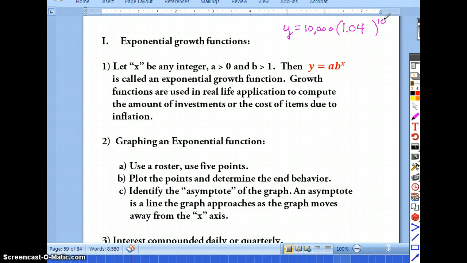And so you would go ahead and type in 1.04 raised to the 10th power, and then you would multiply it times 10,000 and you would get a number. Well, this right here is the same thing as saying b greater than 1.